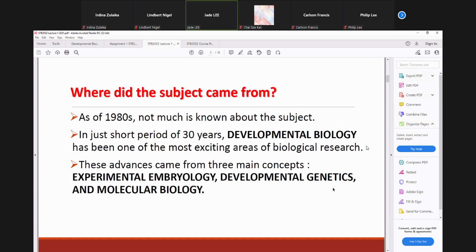Not much was known about this subject, but in just the short span of 30 years, developmental biology has become one of the most exciting areas of biology research, and these advances come from three main concepts: experimental embryology, developmental genetics, and molecular biology. So it is the combination of these three main concepts that gives rise to the new field of developmental biology.